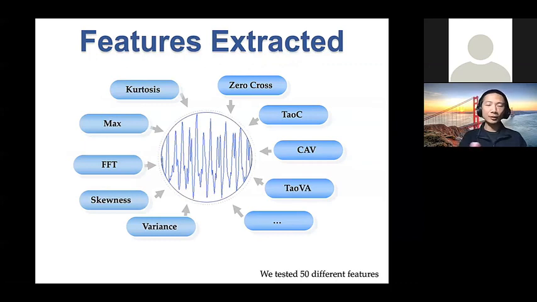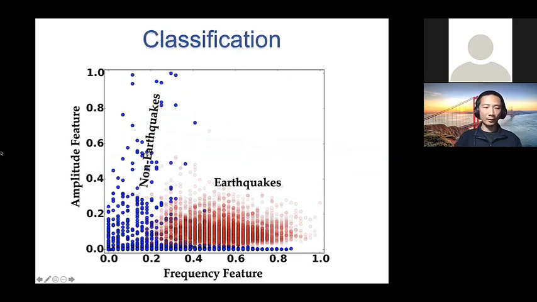We tested 50 different features. Some of them are time domain signals, some are frequency domain signals, and some are statistical features. From all these features we extracted, we then chose a subset that best characterizes earthquakes and non-earthquakes.